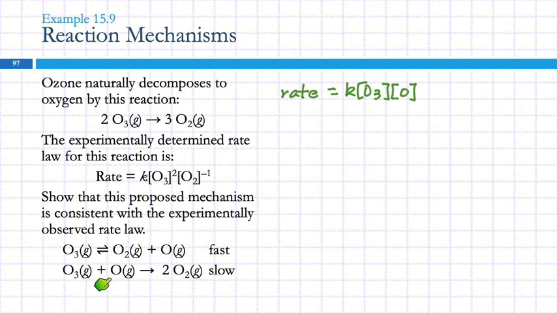And again, don't get too comfortable with that. You can only do it sometimes. That's our predicted rate law from the slow step. So that's from the slow step.